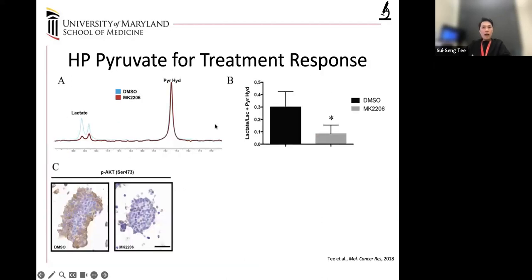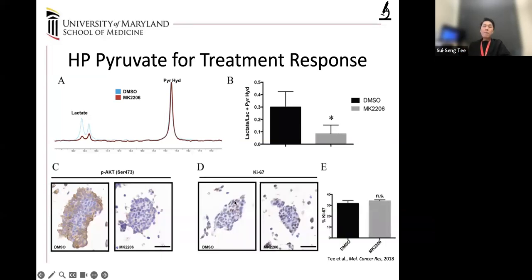And when I put these tumoroids, the aggregations of tumor cells, spheroids, in alginate and encapsulate them so that we can put them into an MR machine, we see much less lactate produced when we treat them with MK2206. So this is another example where we can use hyperpolarized MR to look at treatment response, where PI3 kinase pathway targeted therapies result in a suppression of pyruvate conversion into lactate.